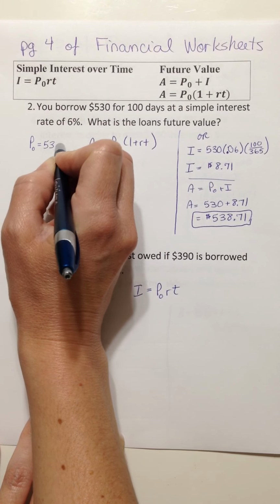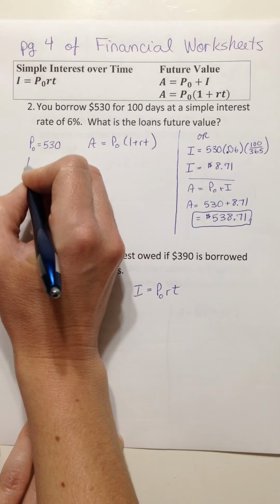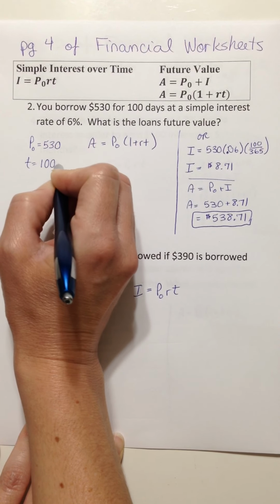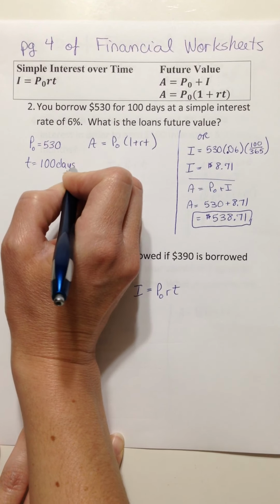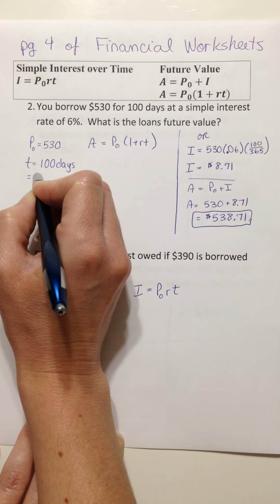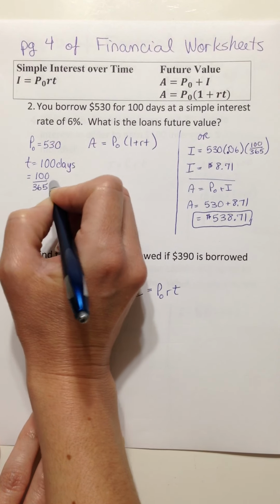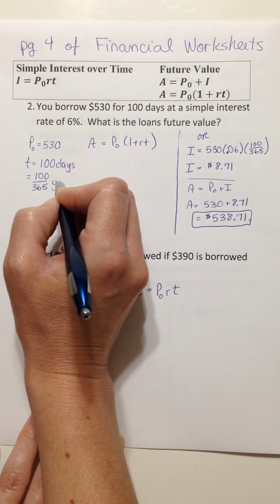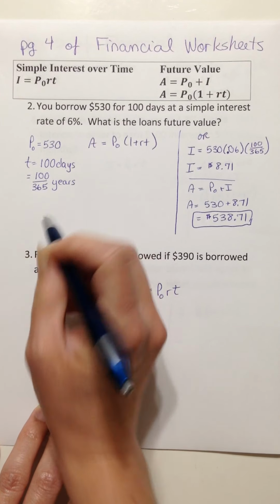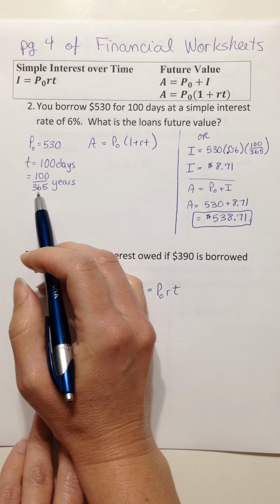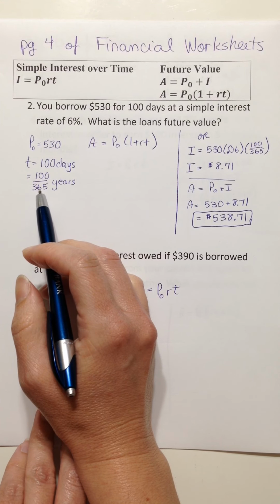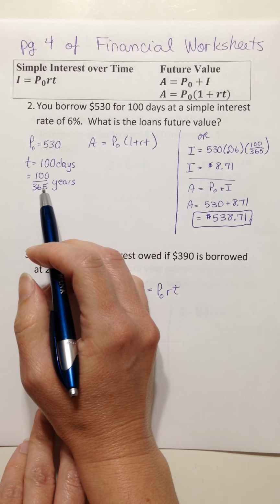That's the amount we borrow at the beginning. 100 days has to be converted to years. So there are 365 days in a year. So you divide 100 by 365. So 100 over 365 is what we're going to plug into the formula.